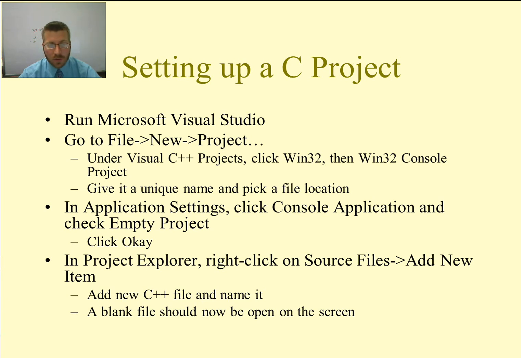So you run Visual Studio, you go to File, say New Project. Under the properties, make sure we select the Win32 console project. Make sure you select that it's a console application. Check the empty project box, say OK. Add a new item, add a new C++ file, and then you have a blank file open on the screen. At that point, you then are going to be able to type your code.